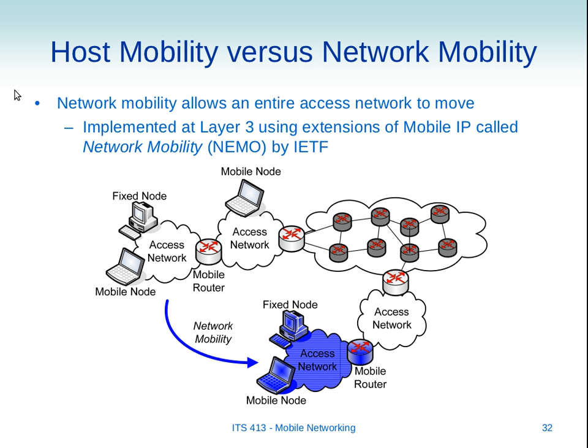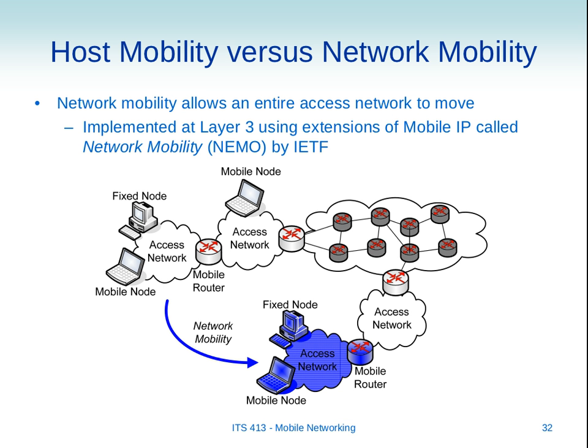In network mobility, the whole access network moves. These nodes and the router move to a new network. So we have the entire network moving. Therefore, if we want physical movement, this network needs to be able to move.